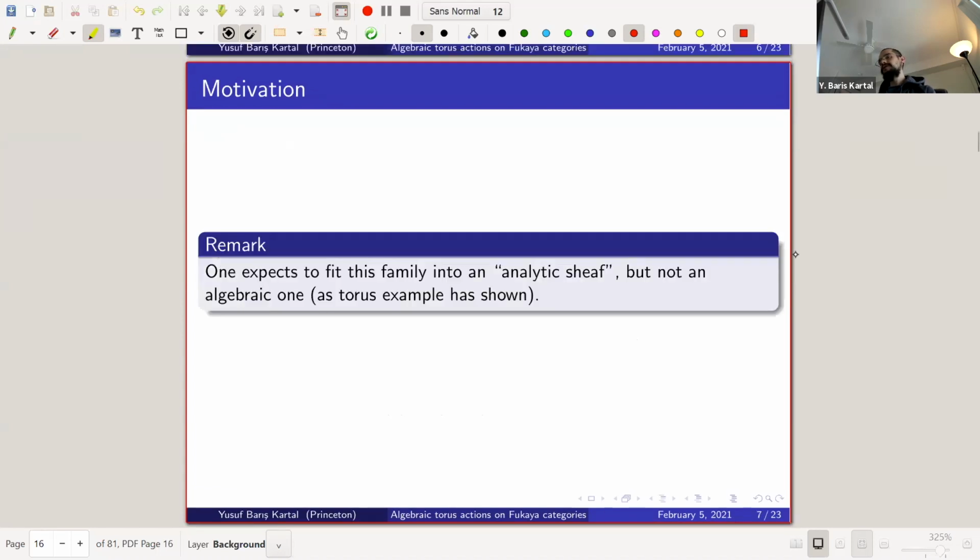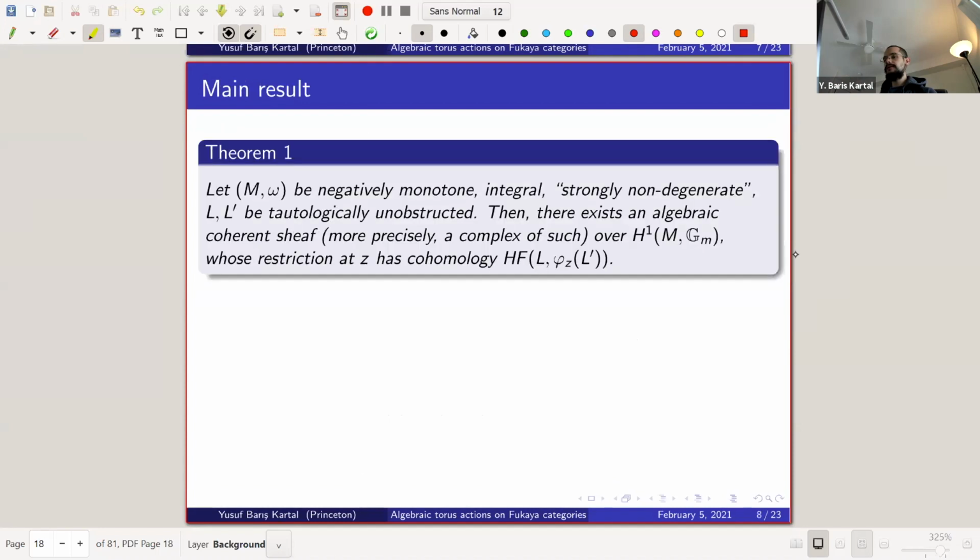But if you are familiar with family Floer homology, you expect to fit this family into an analytic sheaf, but not an algebraic one. That's what the torus example has shown us. And the question is, is it ever algebraic? And that's basically what I'm going to talk about.